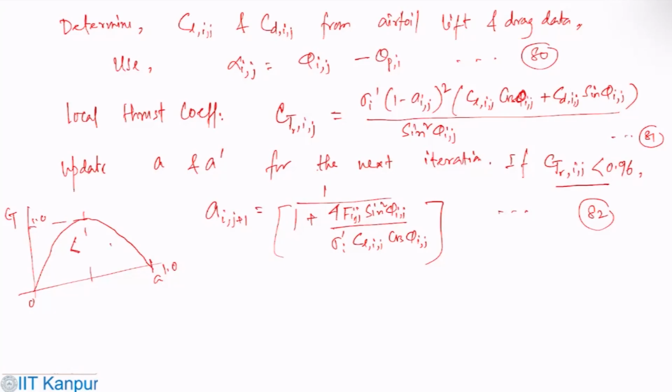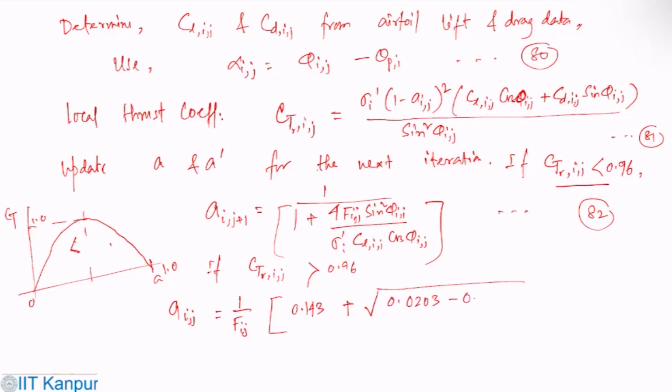And if C t r ij is greater than 0.96, we have a ij equals 1 by F ij times an expression with 0.143, 0.0203, 0.889 minus C t r ij.